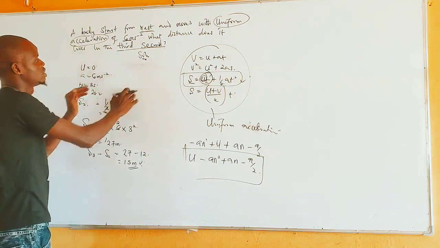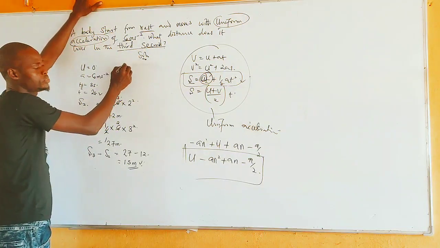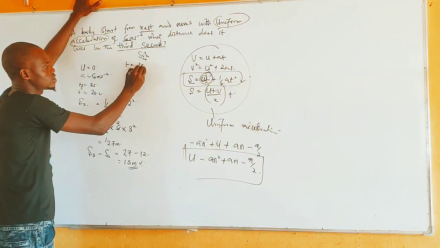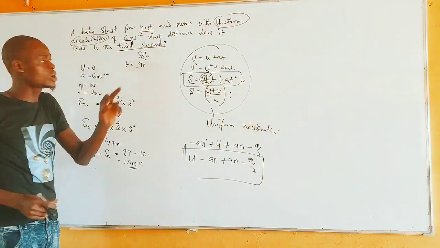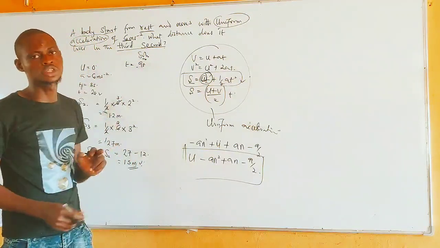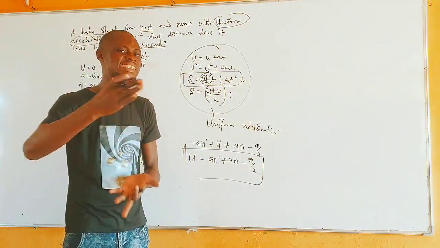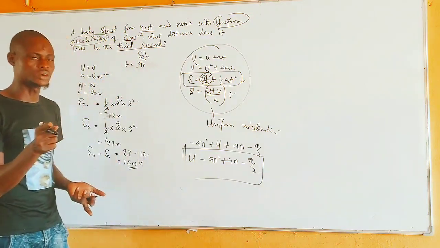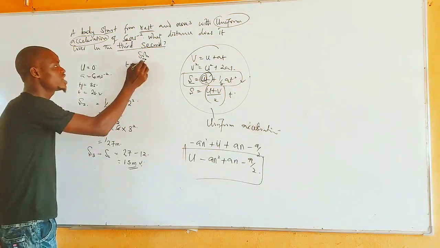Okay, let me say a time was given to us here, and they said the time taken for the body is t equals 9 seconds. If time is given to you and you want to use this nth motion, they might ask a question like this: what is the distance covered in the last second? The reason why they use the word last second is because they've already given you time.